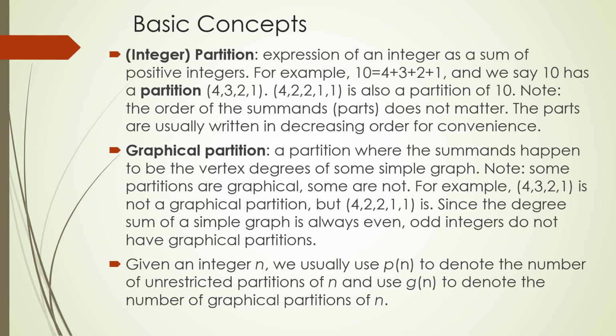And also, since the degree sum of a simple graph is always even, only even integers have graphical partitions. So in the literature, we usually use the function P(n) to denote the total number of unrestricted partitions of n, and G(n) to denote the number of graphical partitions of n. That's our basic notation.